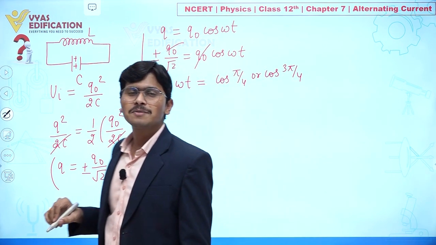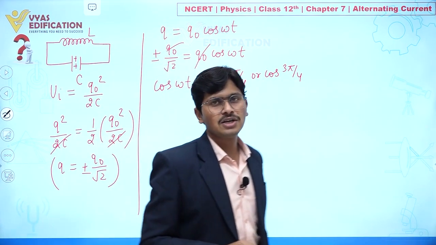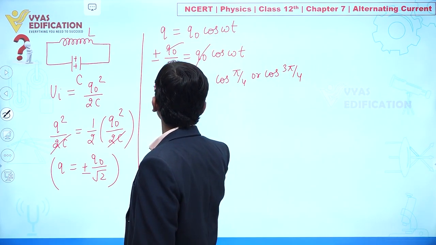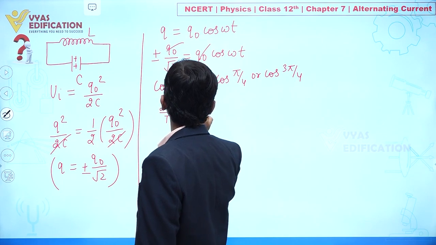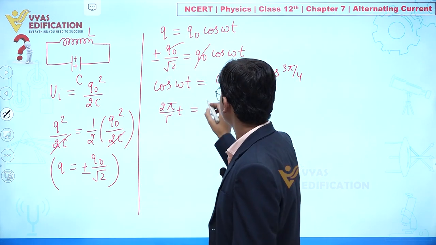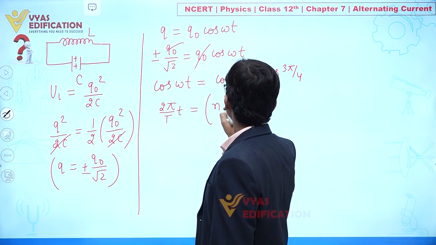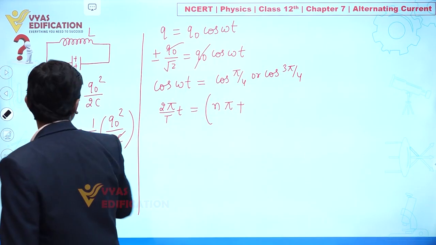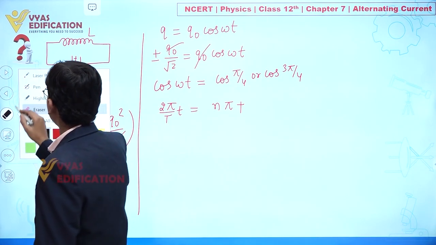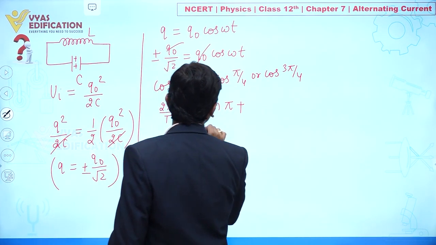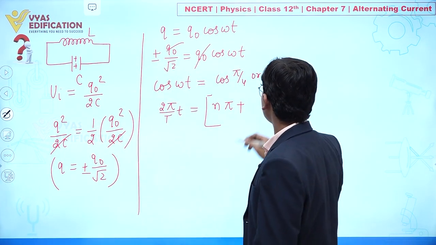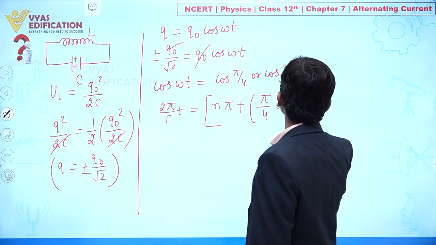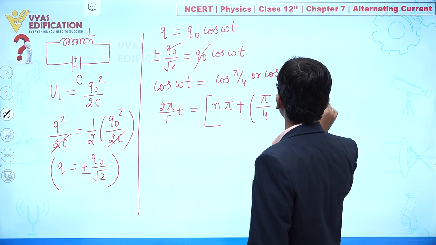But if I generalize this relation, I can write omega t, which is 2 pi by T multiplied by t, and this should be equal to, listen carefully how I am writing, n pi plus pi by 4 or 3 pi by 4.